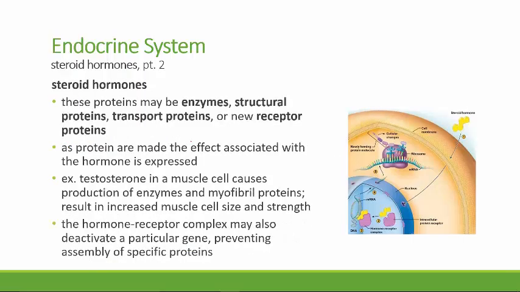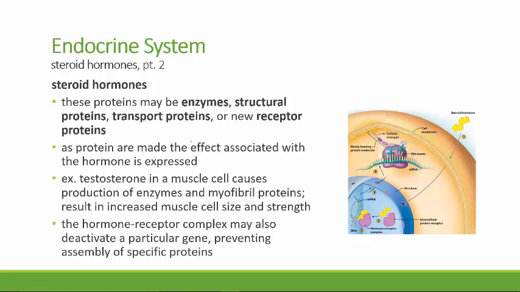Structural proteins are going to be used to build the cell. So recall that testosterone can lead to muscle cells growing, and so testosterone will trigger a process that builds the myosin and the actin proteins that we see in muscle cells.